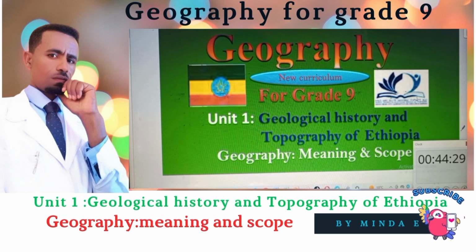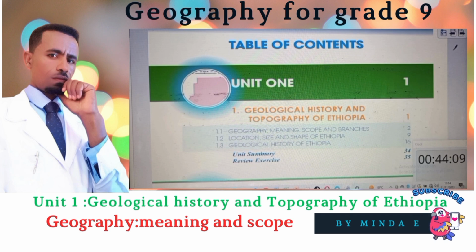Now let us see the contents of grade 9 geography textbook. It has 8 units. Unit 1 is about geological history and topography of Ethiopia. Under this unit, we do have 3 topics.